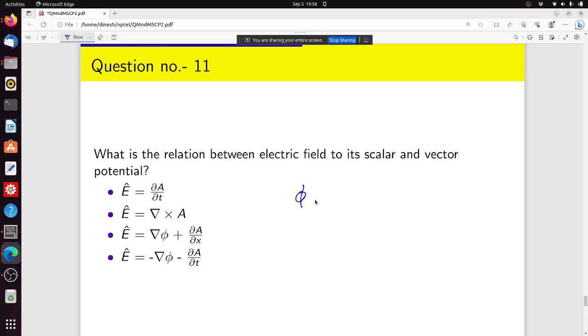Phi is the scalar potential and A is the vector potential, right? So the formalism is: the electric field has 3 components, Ex, Ey and Ez. Similarly, the magnetic field also has 3 components, so total 6 parameters.